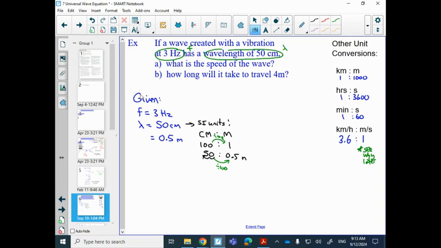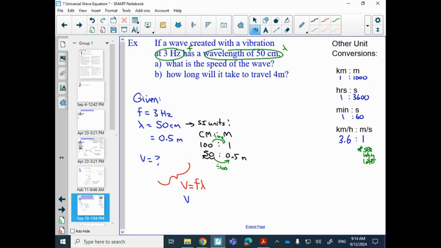And so finally here, the question was, what's the speed? That's your V question mark that we're looking for. When we look at this, we say, oh, I know an equation for that: V equals F lambda. And so we can start plugging our numbers in.